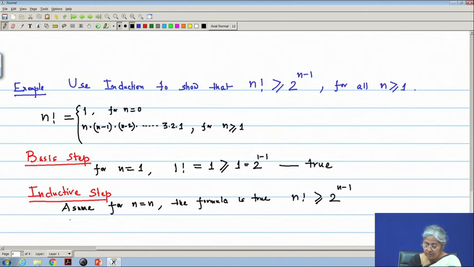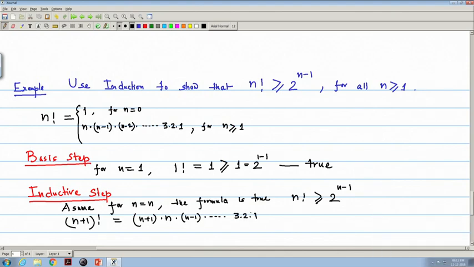From the definition, n plus 1 factorial is n plus 1 into n into n minus 1 up to 3 into 2 into 1. Up to this is nothing but n factorial. So, this is n plus 1 into n factorial.